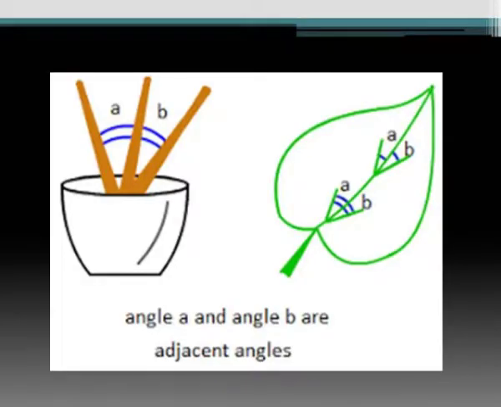Here in this figure you can find A and B, which are called adjacent angles, since A and B lie near each other, which means both are placed next to each other. So we can say A and B are adjacent angles.